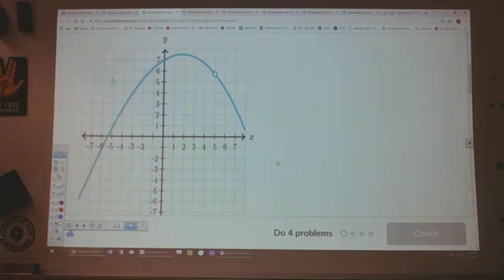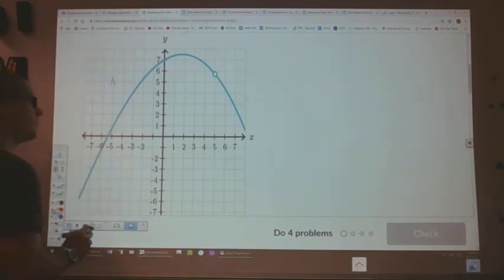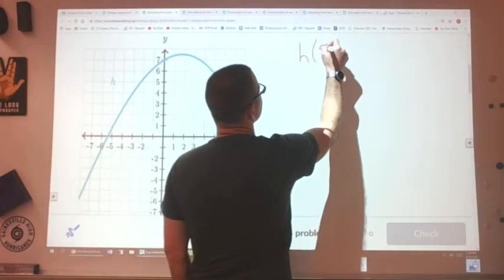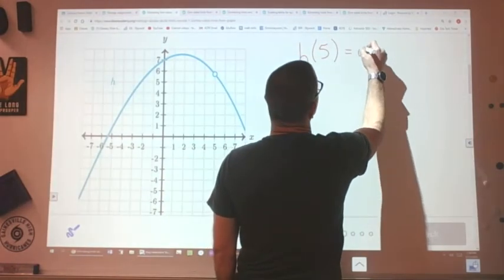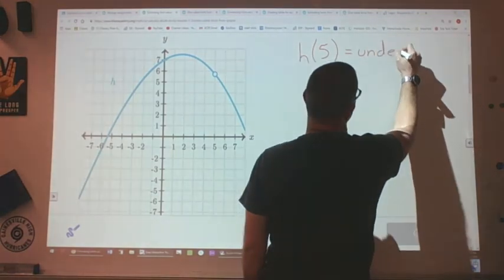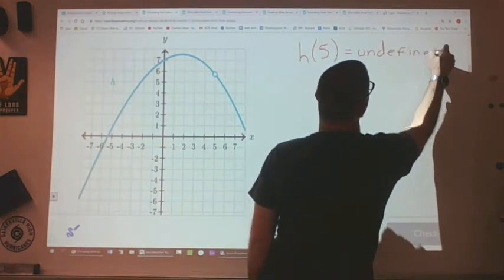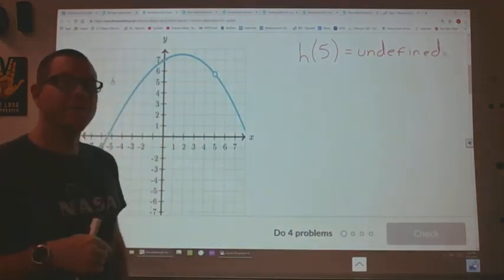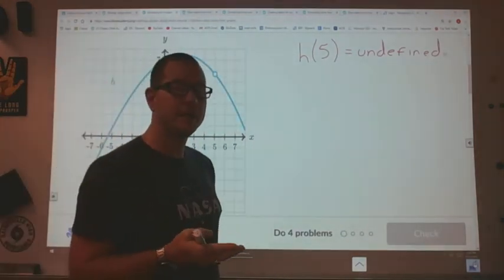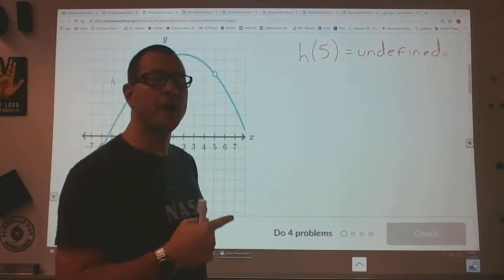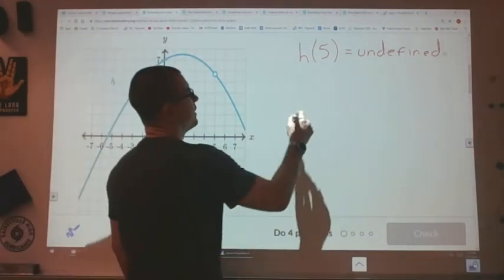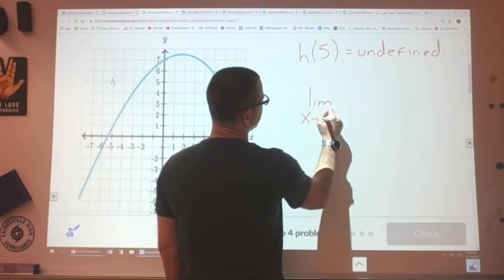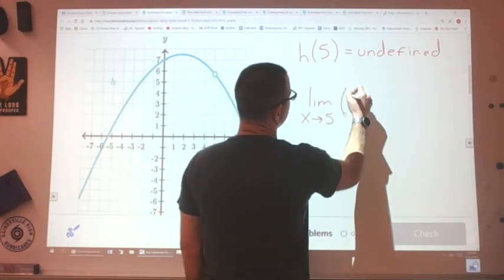So they're telling me here h at 5 is undefined, doesn't exist. But maybe we can figure out what it should be by looking at values around 5. So let's find the limit as x approaches 5 for h of x.